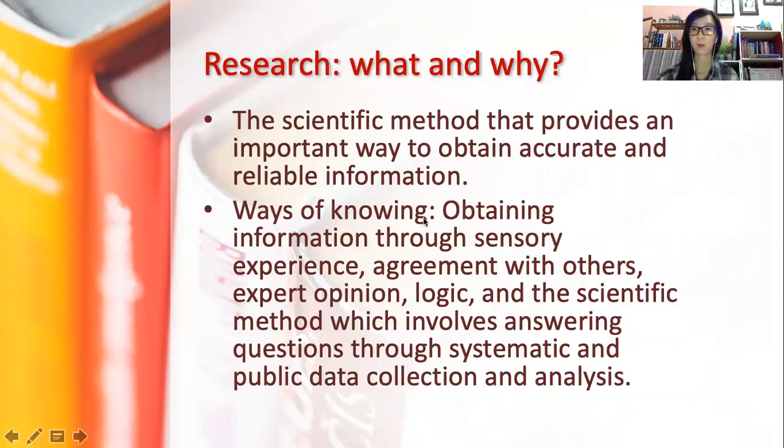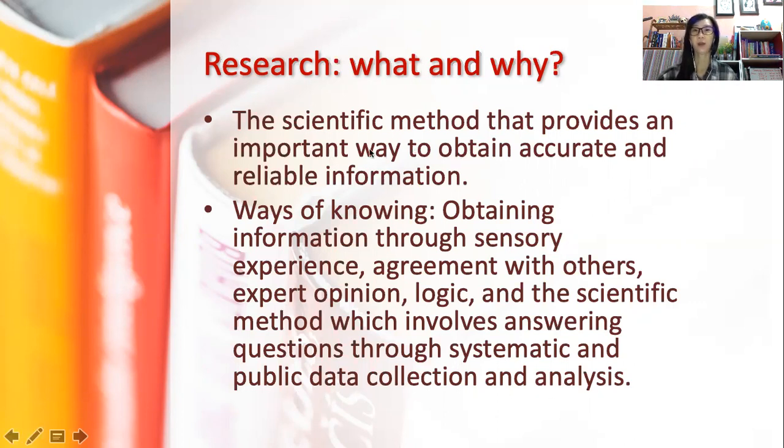By conducting research, we get the information through sensory experience, through agreement with others, from expert opinions, from logic. Research as a scientific method involves answering questions through systematic and public data collection and analysis.